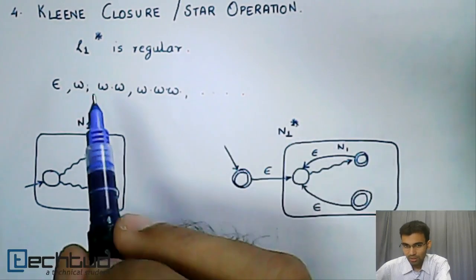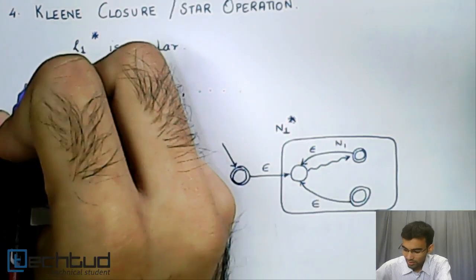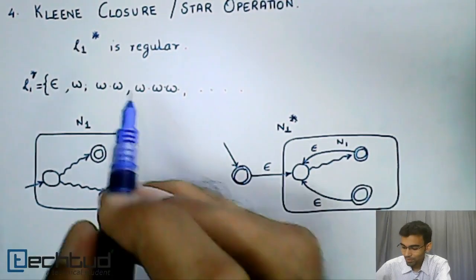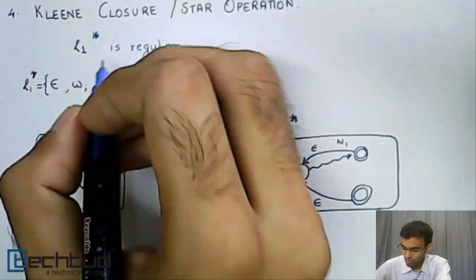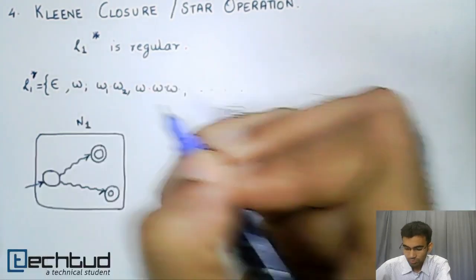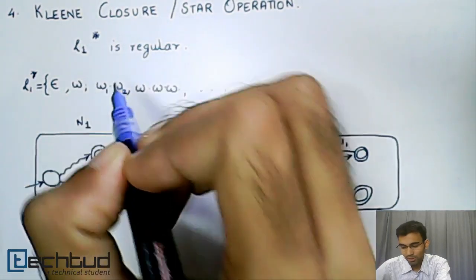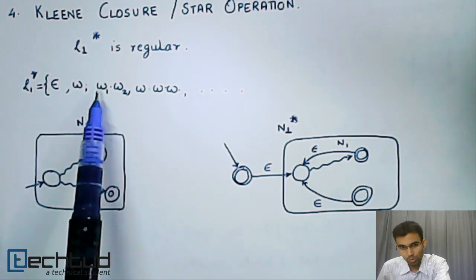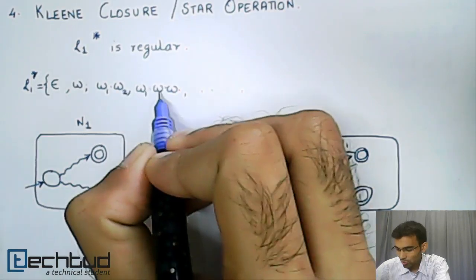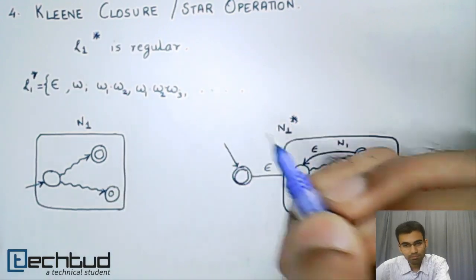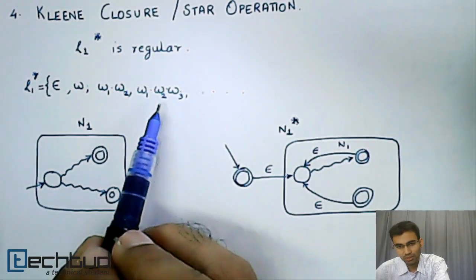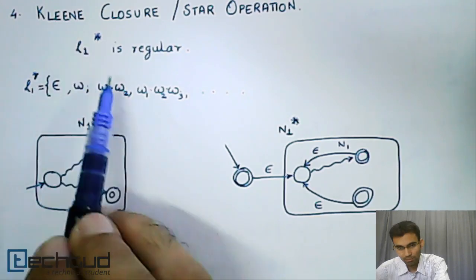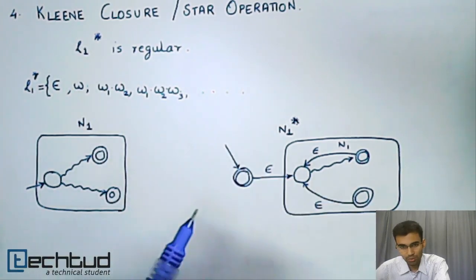So here L1 star will have W, W1 W2, where W1 need not be the same as W2, but both W1 and W2 should be in L1. W1, W2, W3 again need not be the same, but all three must be in L1, and so on.